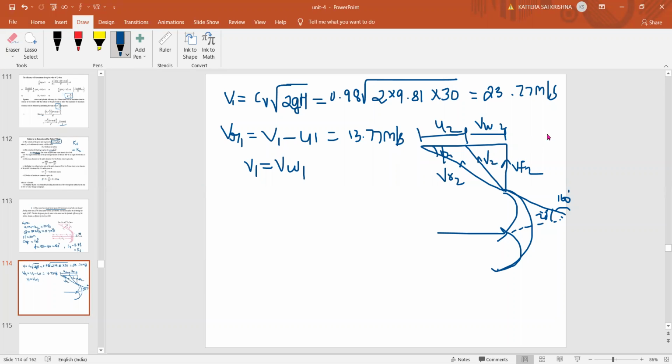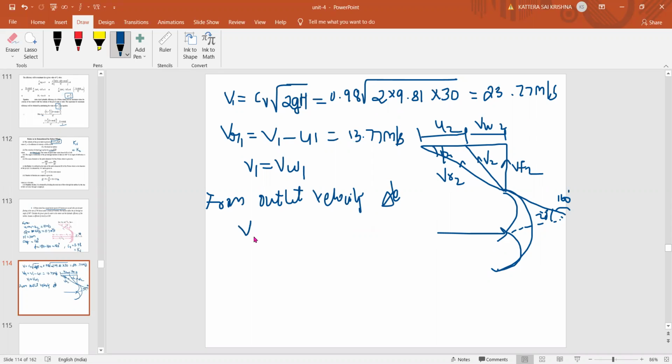Right. So at the outlet velocity triangle now, roughly I'm writing. Before going to that, what we know is the relative velocity VR1 is also equal to VR2 because we don't have any loss at the blade.